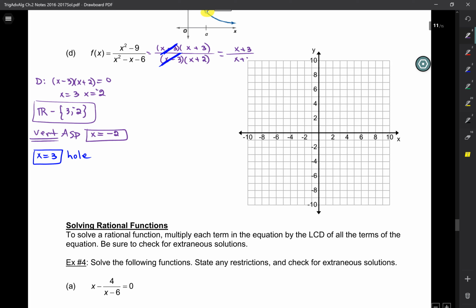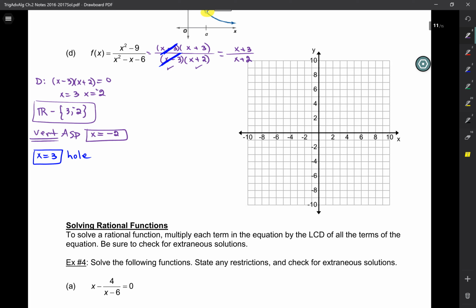So, one more time. Initially, we had said that there was going to be a problem at x equals 3 and at x equals negative 2. And until now, we always said there's an asymptote at both. But now, not so fast. I can cancel out the x minus 3's. So yes, it's a problem, but it's a smaller problem. It's a hole, not an asymptote.